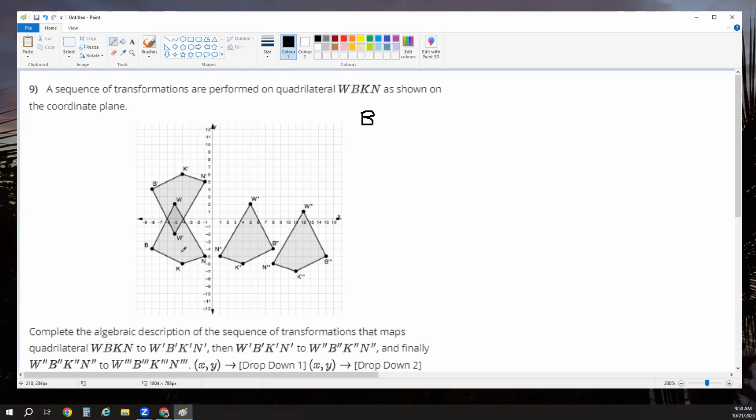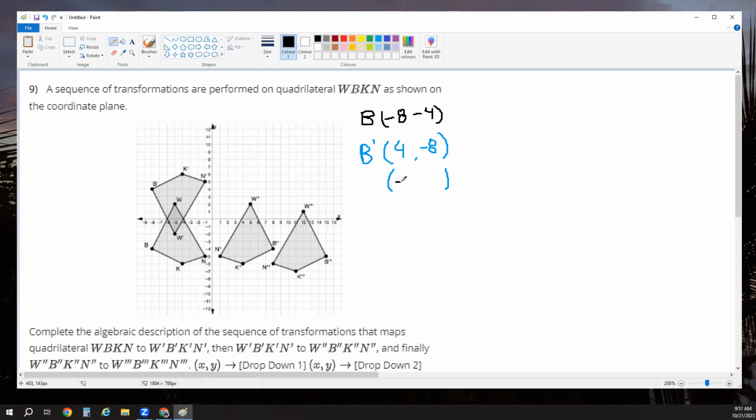B is (-8, -4). B prime is (4, -8). So this relationship here: the x got drawn from the old y, and it is negative.